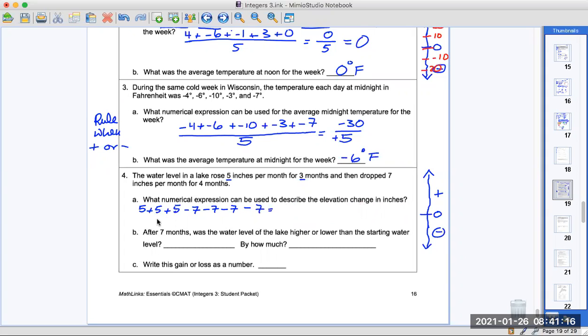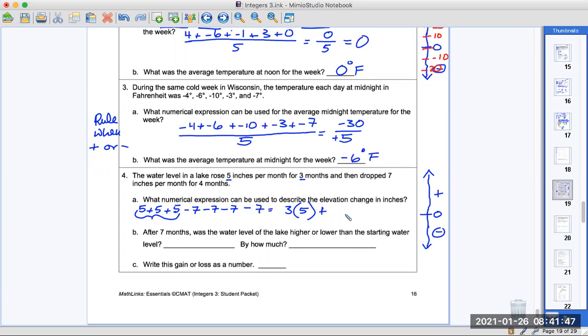So who else has an idea? How can we show this shorter? Anybody? How can we say 5 plus 5 plus 5 shorter? Repeated addition is the same as multiplying. 5 plus 5 plus 5 is the same as 3 times 5.